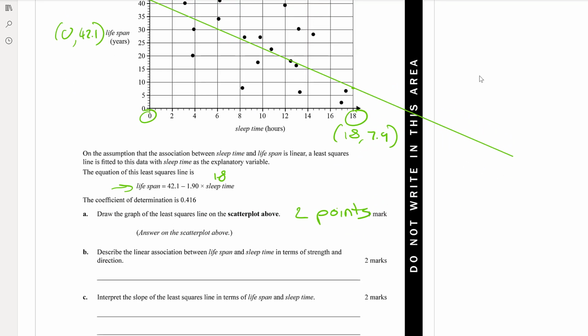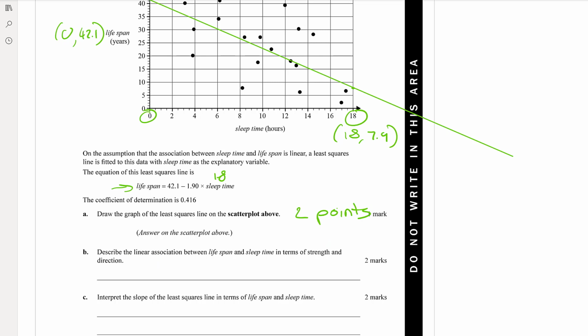Describe the linear association between lifespan and sleep time in terms of strength and direction. So what's been asked here is: strength is your r value, and the direction is plus or minus. That's what you've got to work out.